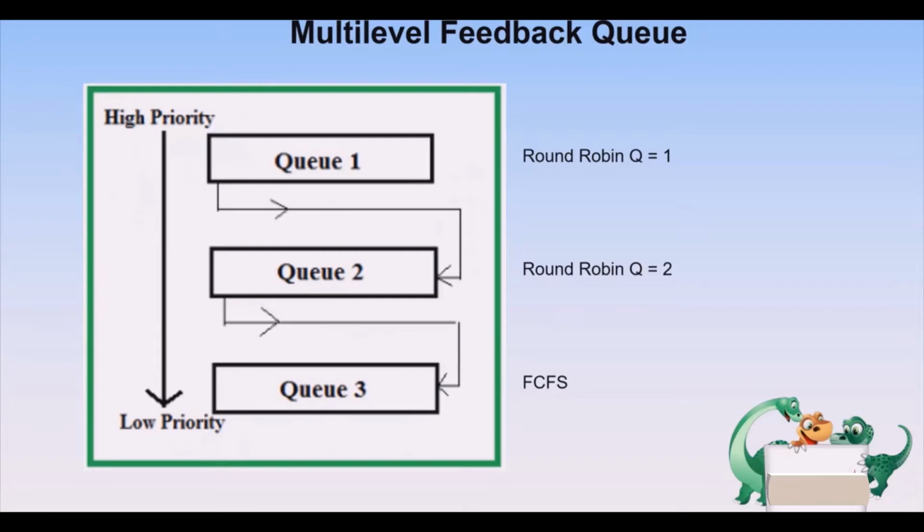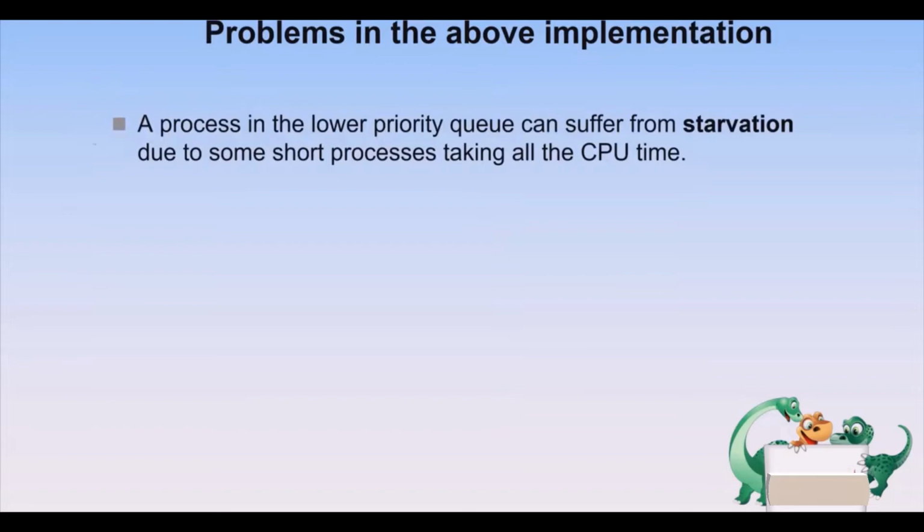Next, problems in the above implementation. A process in a lower priority queue can suffer from starvation due to short processes taking all the CPU. The rest of the processes in the lower priority queue have to wait for a very long time, and we call it starvation.